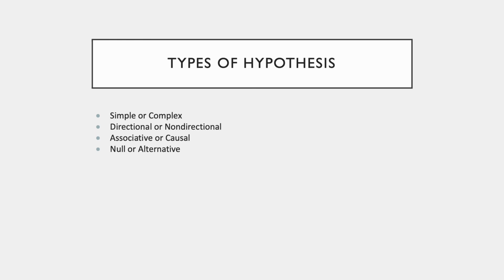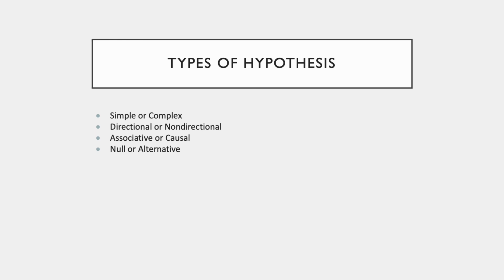Associative or causal. In an associative hypothesis, there is a change in one variable that results in a change in another variable, but does not indicate the variable that had an impact on the other. In a causal hypothesis, a change in one variable causes a change in the other. And finally, null and alternative, which is what we hear about most frequently.